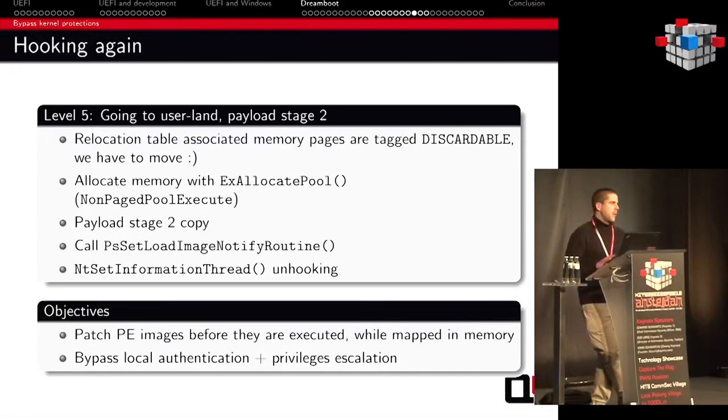So now the kernel has been initialized. First userland processes are launched. So we break into a hook in NtSetInformationThread. But we still have an issue because our code has been relocated in the kernel relocation table.